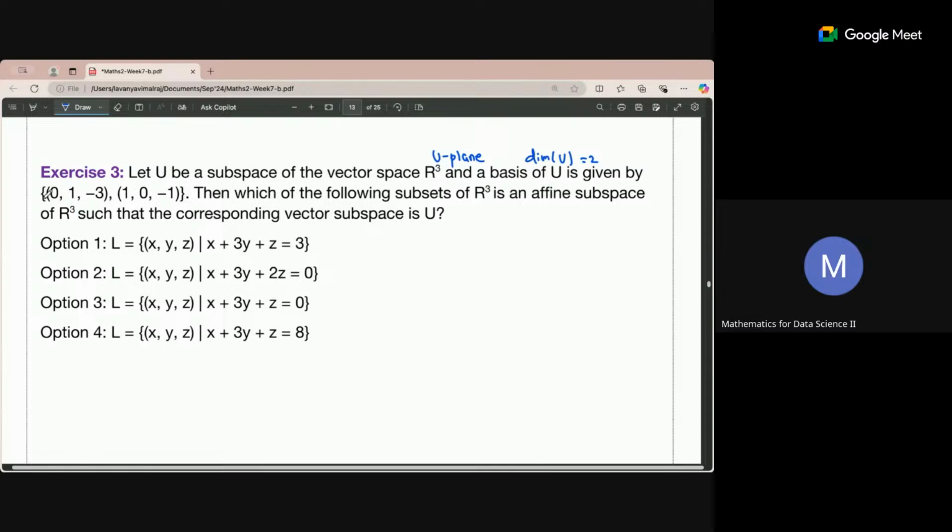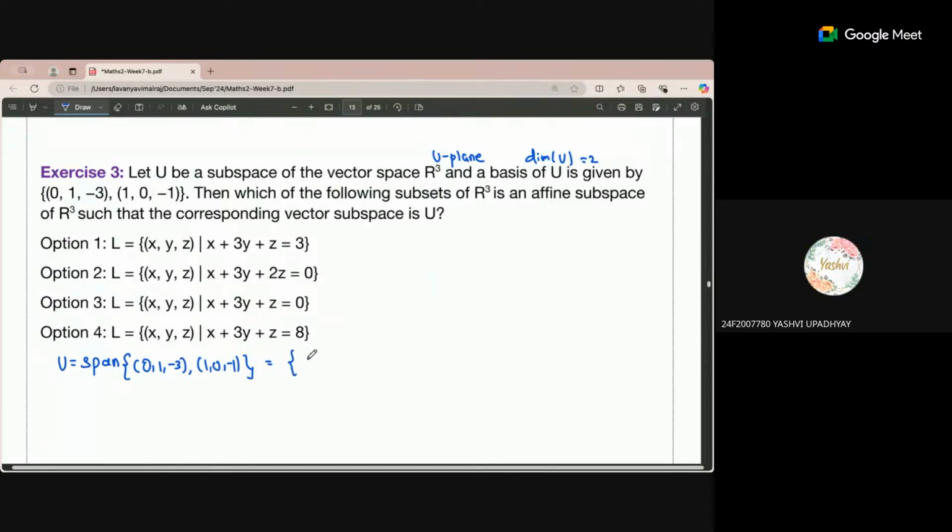So it means first we should understand what is U. So U is the span of (0, 1, minus 3) and (1, 0, minus 1). Now how can we write this?